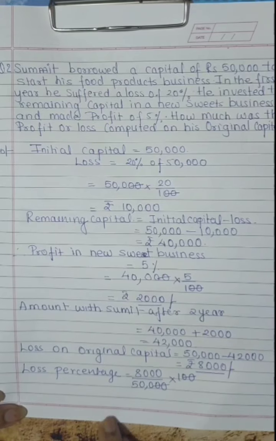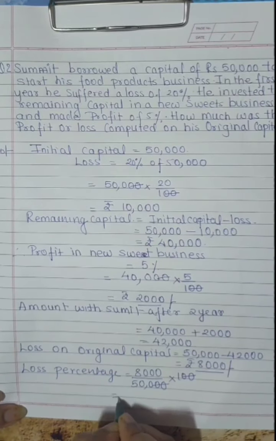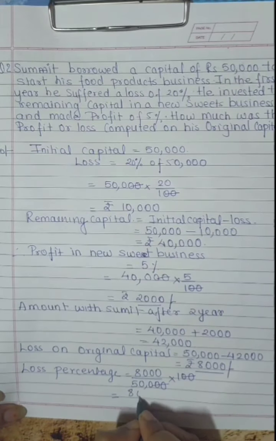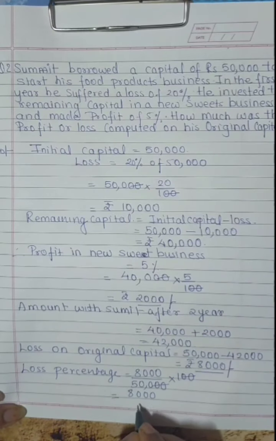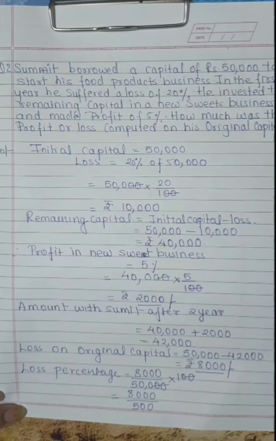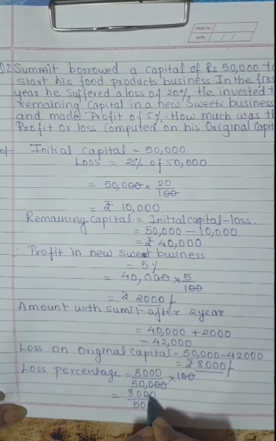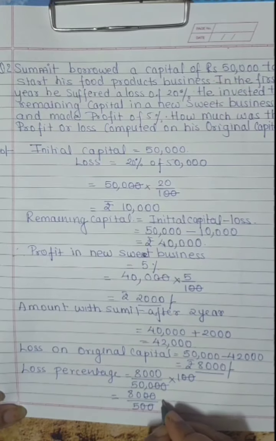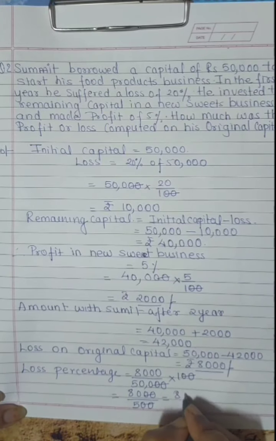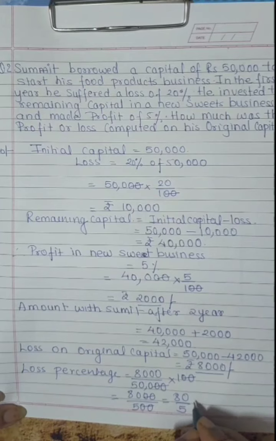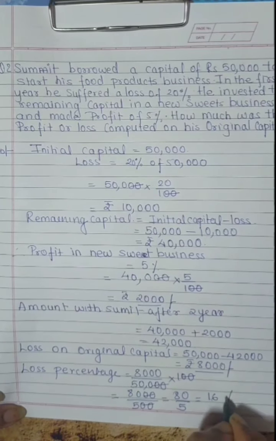Now when we divide 8,000 by 200, again this 2 gets cancelled. When we divide 80 by 5, we get the answer 16%.